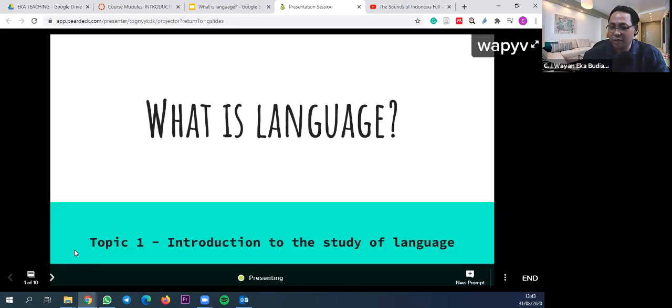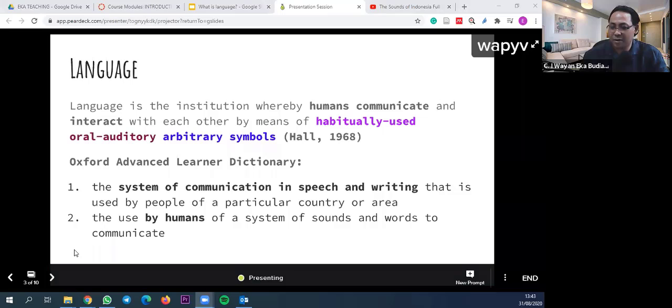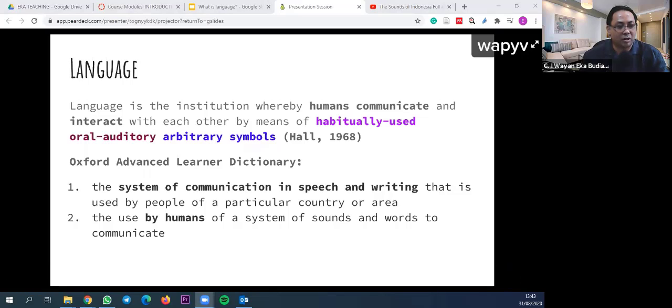We have discussed that already before. How to connect, Divani? You type joinpd.com, and then enter the pass key. The code is WAPYV.